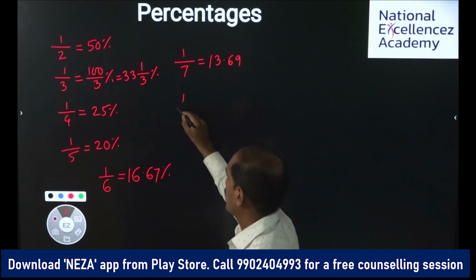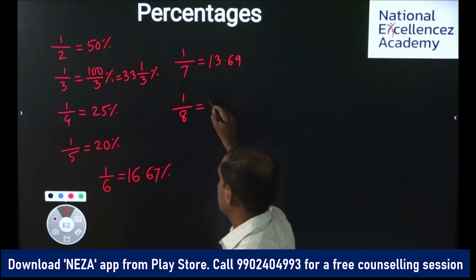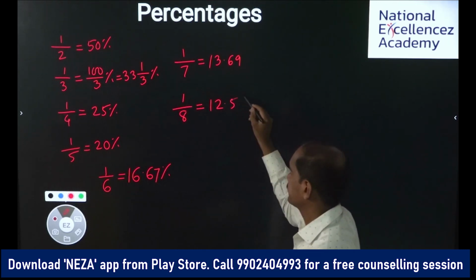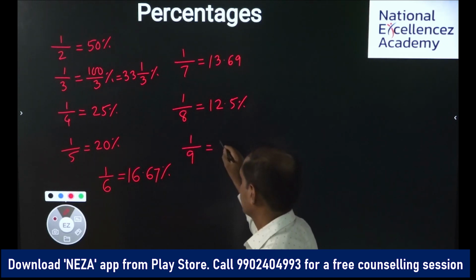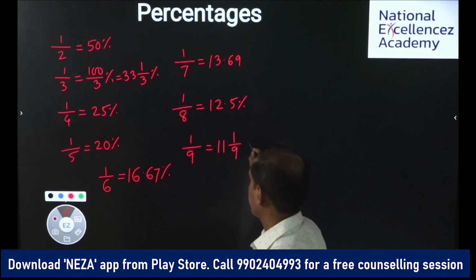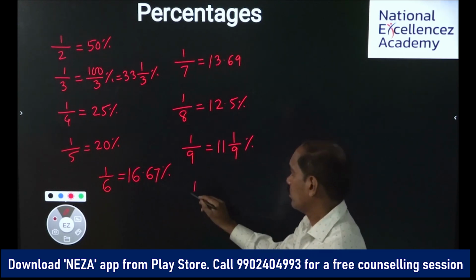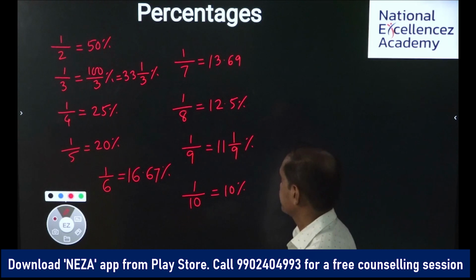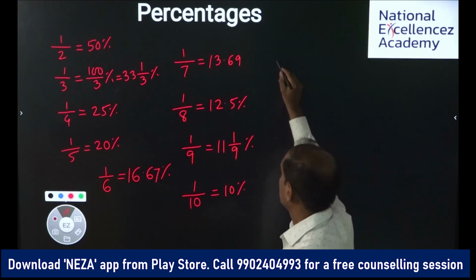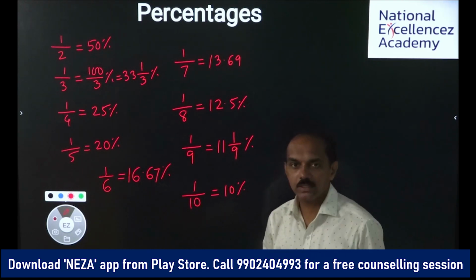Okay. 1 by 8 is 12.5%. 1 by 9 is 11 1 by 9%. 1 by 10 is 10%. You will have to know all these by heart.